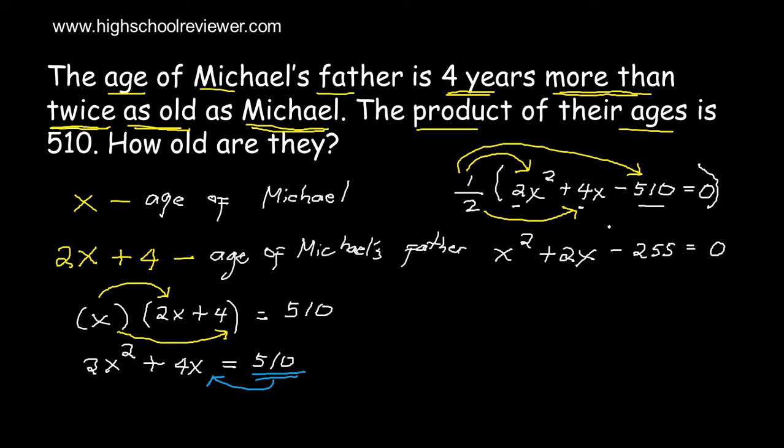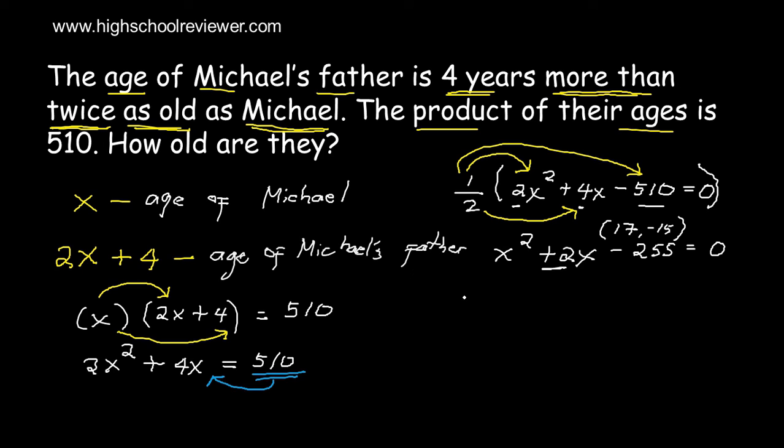And to factor this out, we will utilize the factors of negative 255. The factors that we will use will be positive 17 and negative 15, so that if we add 17 and negative 15, the answer will be plus 2.